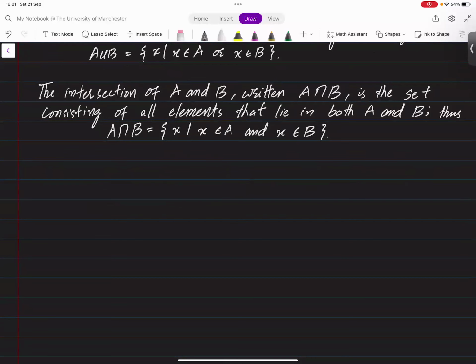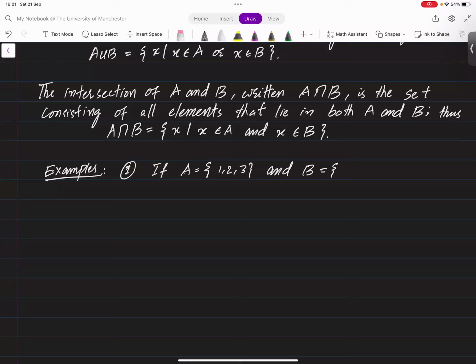Now we can write some examples. Number 1: if A has elements 1, 2, 3, and B has elements 2, 4, then their union has elements 1, 2, 3, 4, and their intersection will have element 2 only. Okay.